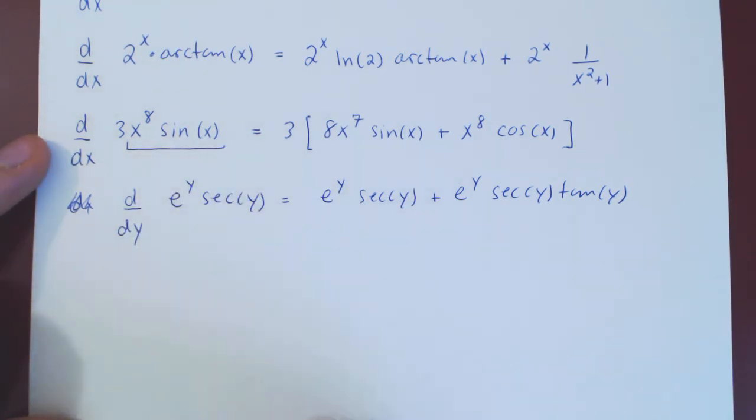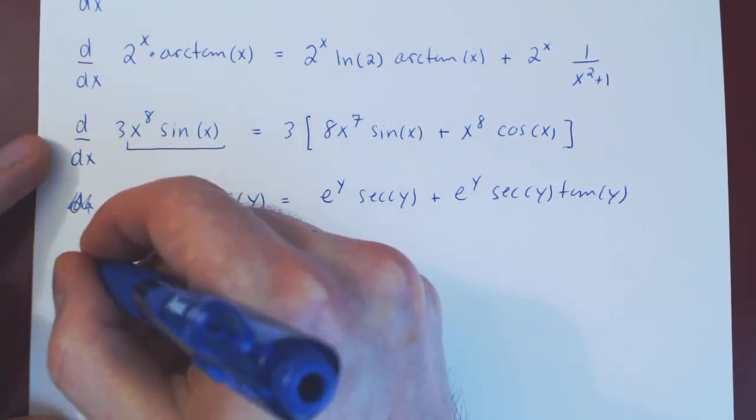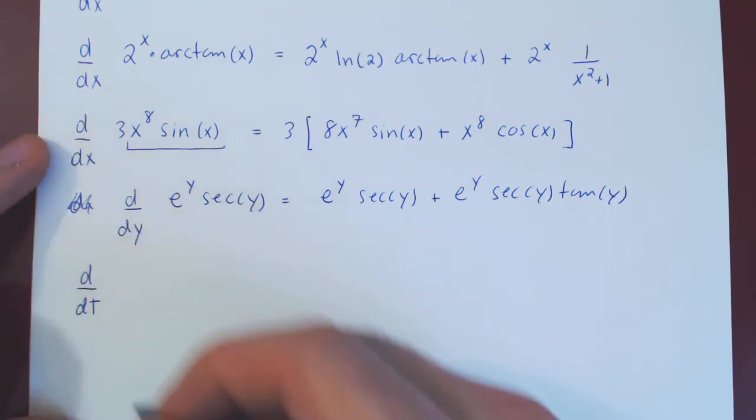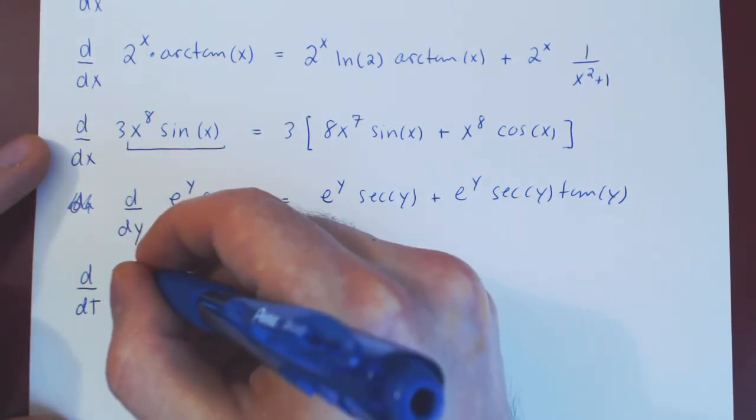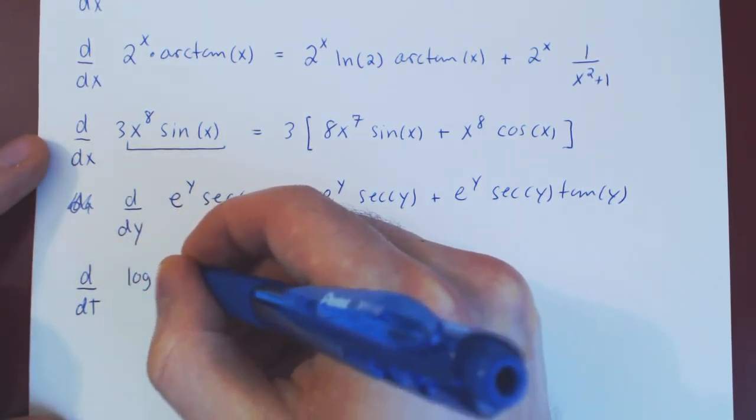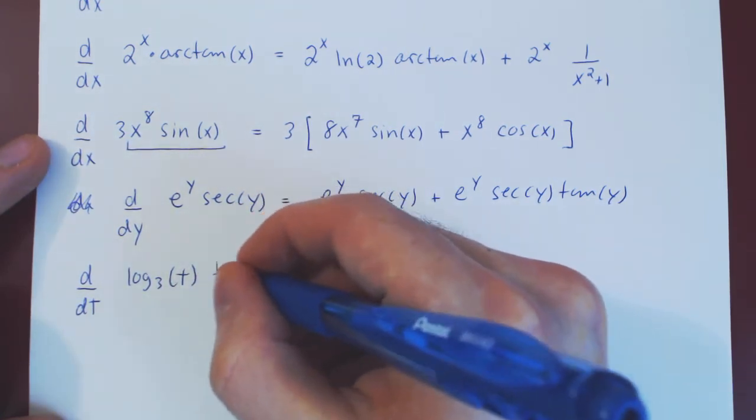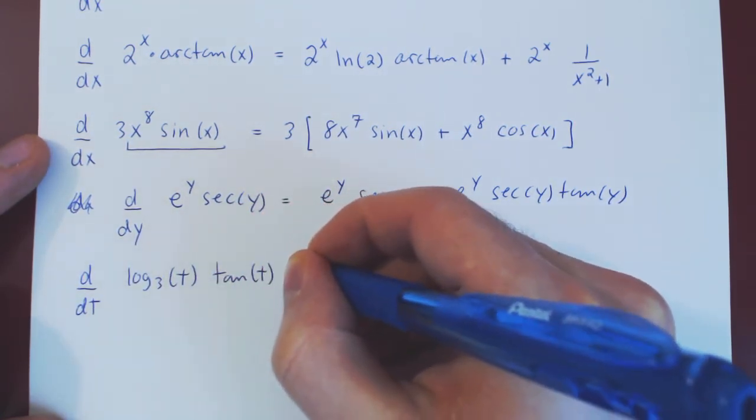Let's look at one last example. What about the derivative now with respect to t of the logarithmic function base 3 of t, so log base 3 of t, times the tangent of t?